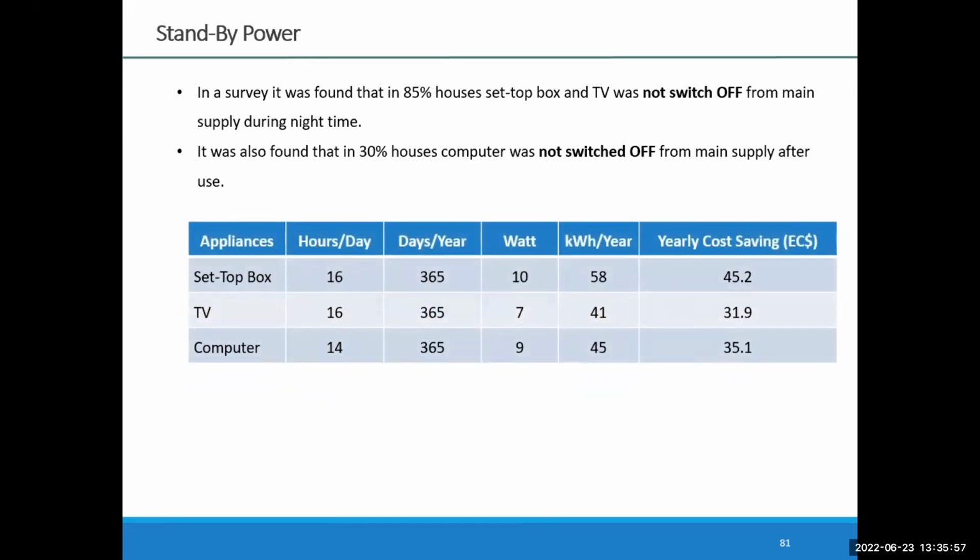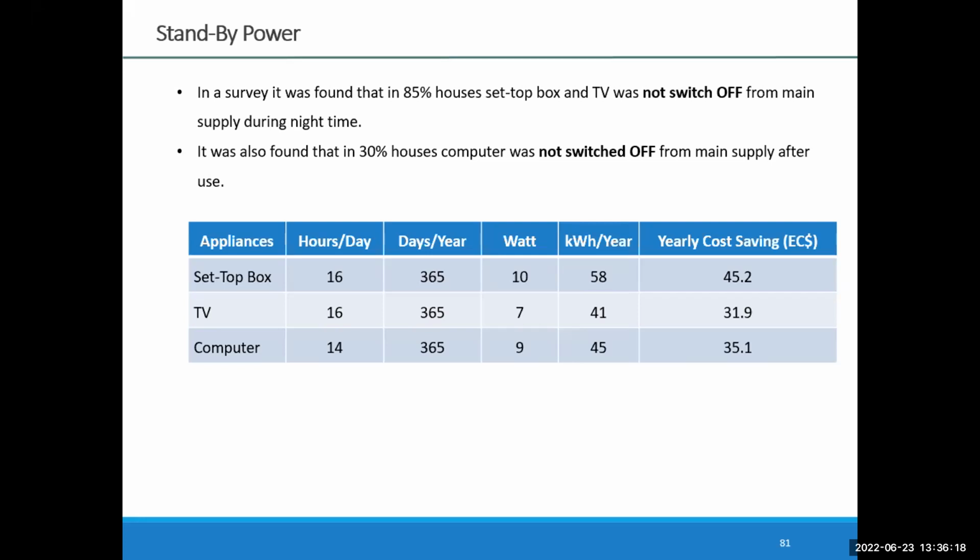So just to quantify this wastage in a year, that is 365 days, and the number of hours of usage per day, or the number of standby idle hours of these equipment per day, we can see that a significant amount of energy is being wasted.